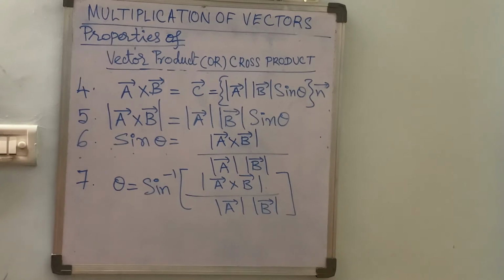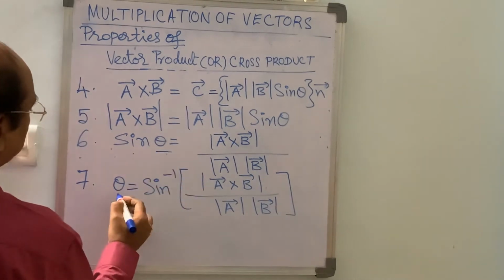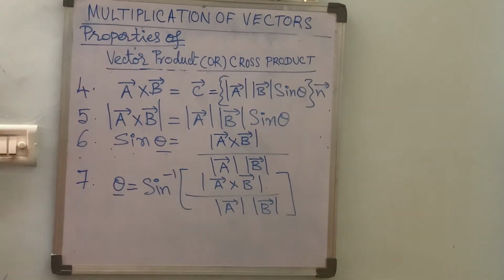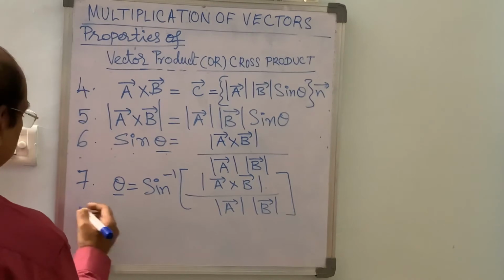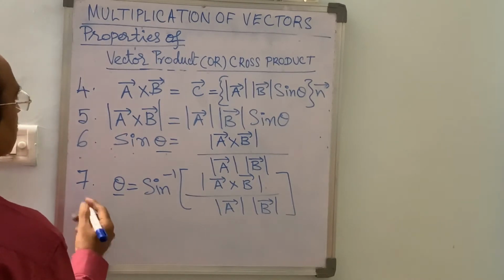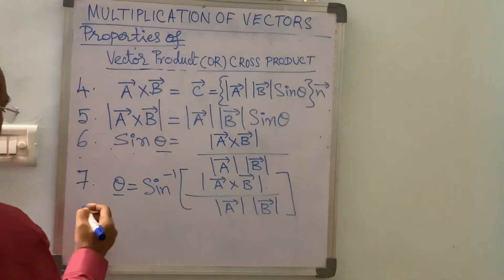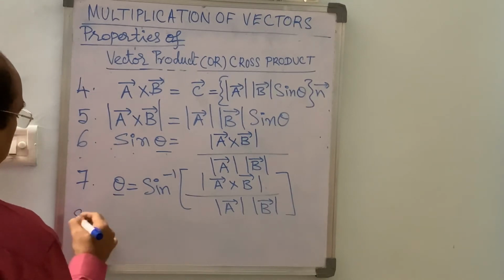Now if two vectors are perpendicular to each other, so we consider the values of theta. If two vectors are parallel to each other, then theta equal to 0.